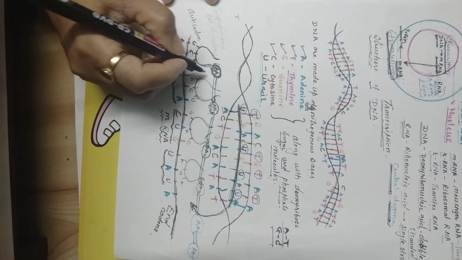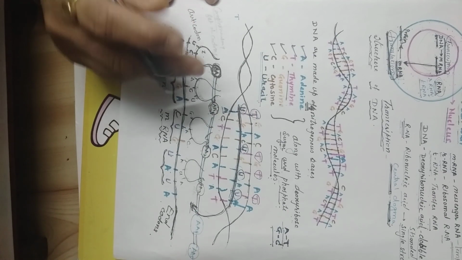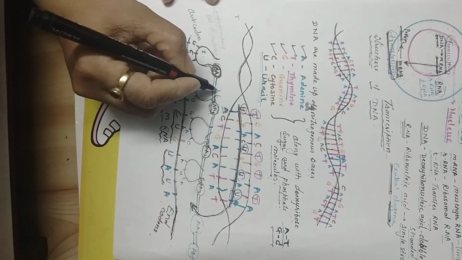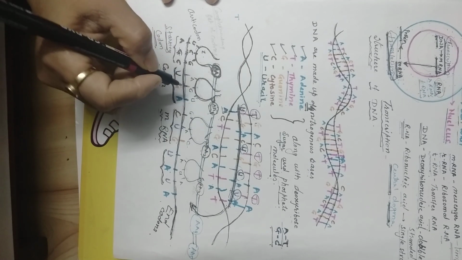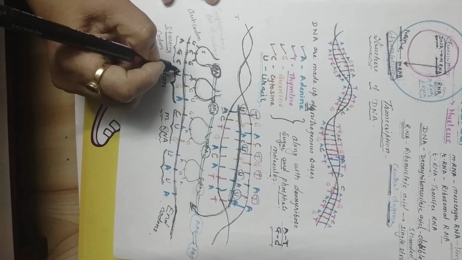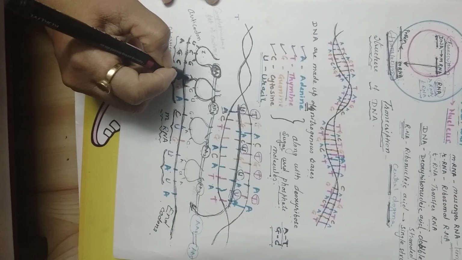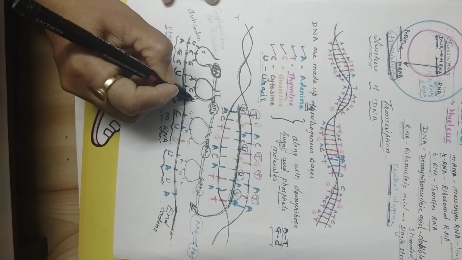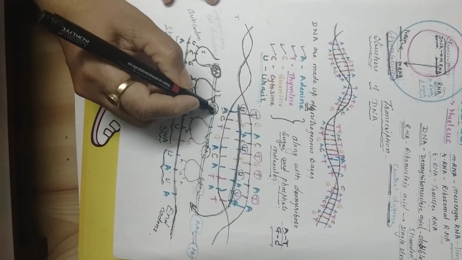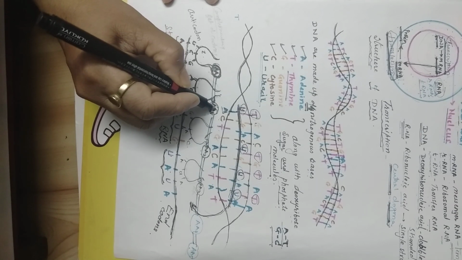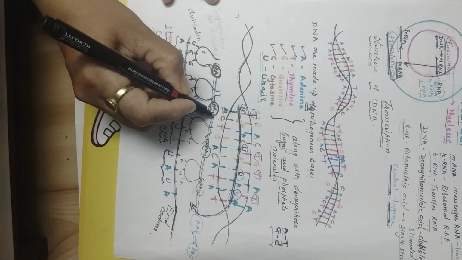Then next tRNA will come with the anticodons. For example, here codon is UGA, so anticodons will be AGU. So for these 3 anticodons, specific type of amino acid also will be there. Let us consider it is AA1. Again it will move forward, and this amino acid will keep here only.